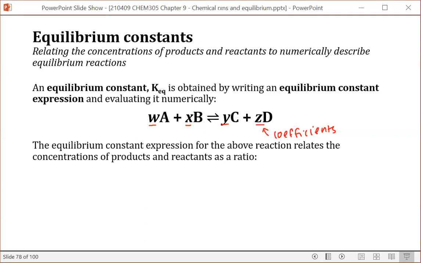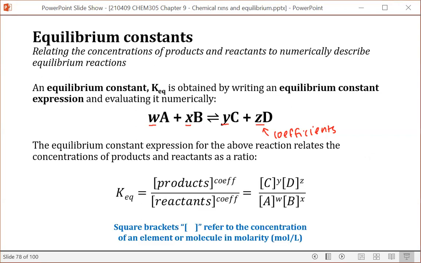So the equilibrium constant expression for the above reaction is going to relate the concentration of the products and the reactants as a ratio. And so what it will look like is KEQ is generally written as the concentration of all the products, and these square brackets mean concentration in terms of molarity. So the molarity of each product produced raised to the power of its coefficient from the balanced chemical equation.